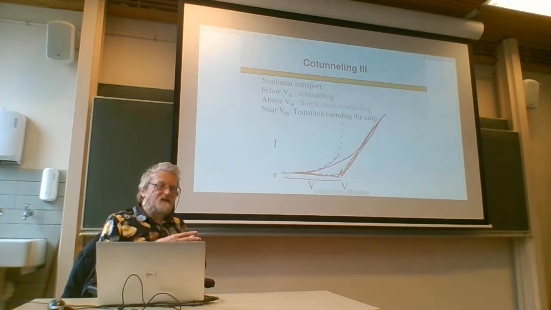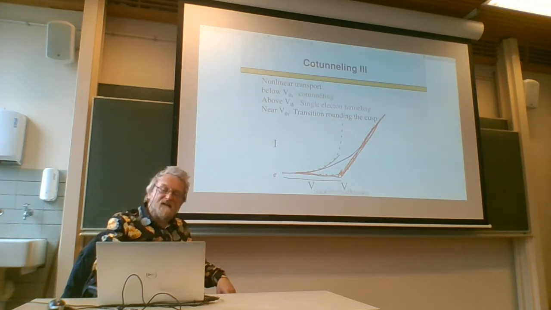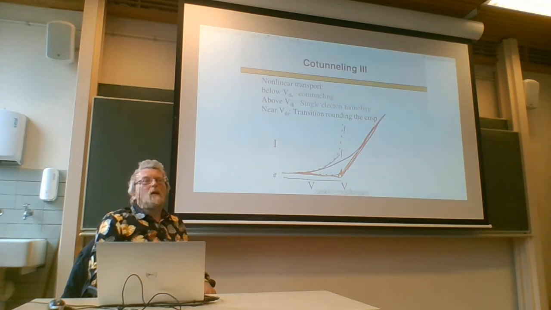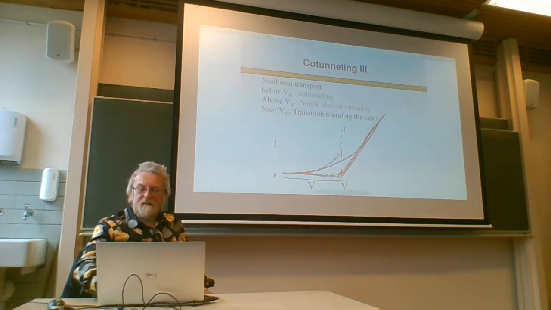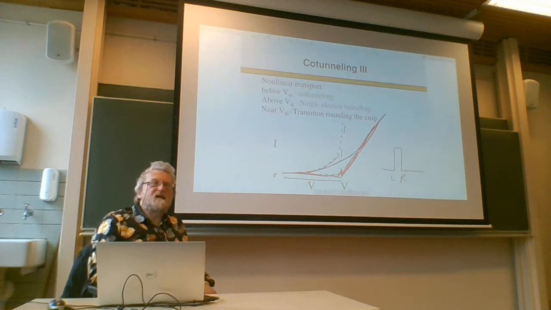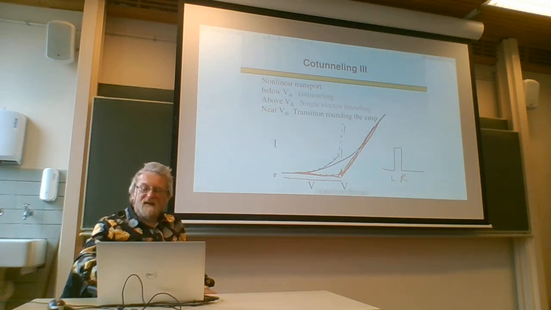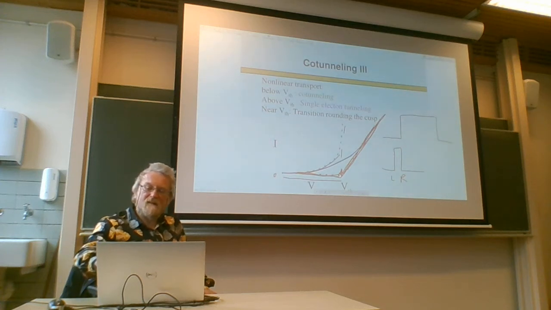But if I just look at the expression of the co-tunneling, it diverges at this threshold. What does it mean? Why does it diverge? In this case, cooperative tunneling of two electrons through left and right junction is not distinguishable from a single electron process, when the first electron goes to the right, to the left, and then to the right.